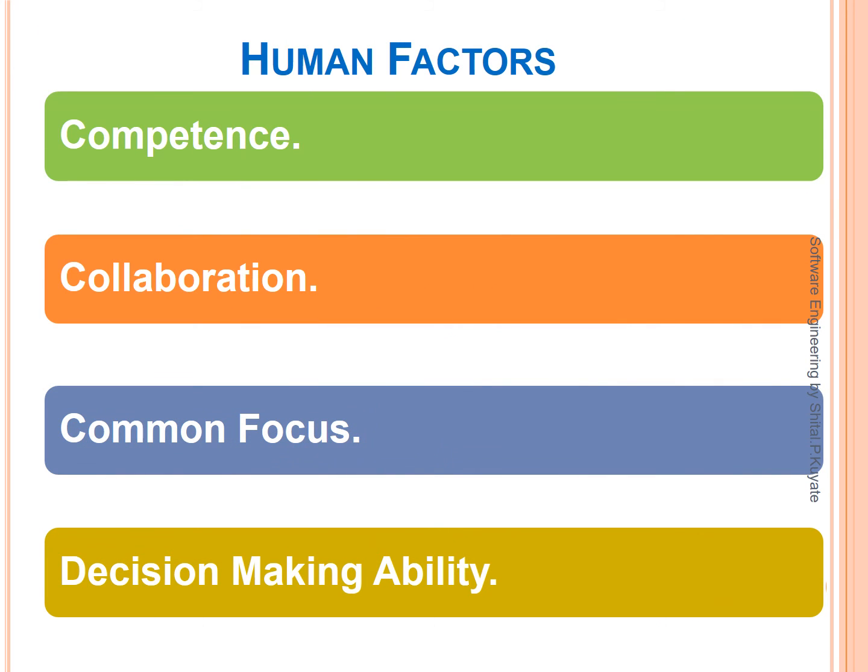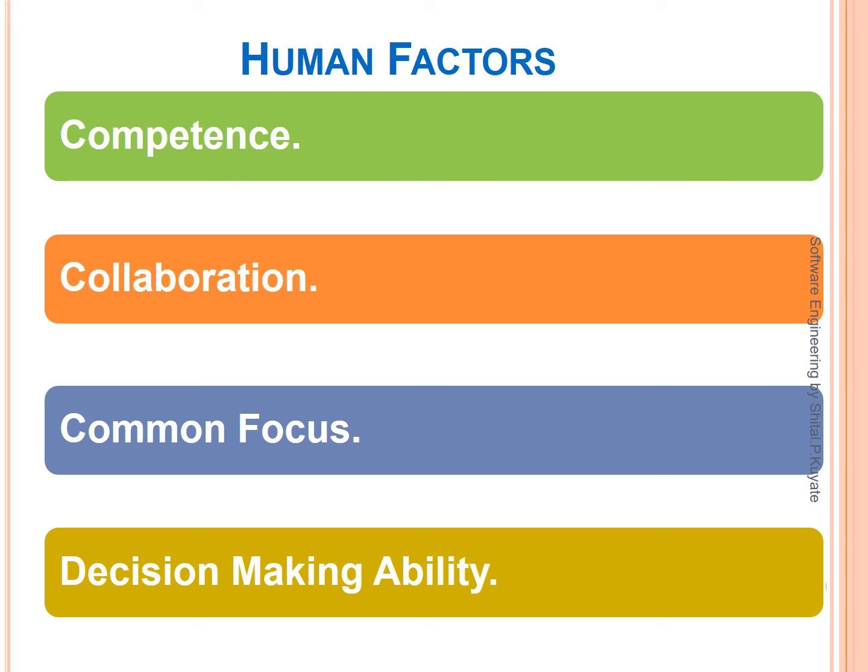Now, what are the different human factors that affect agile process? The scientists Cockburn and Highsmith said that agile development focuses on the talents and skills of individuals, modeling the process to specific people and teams. The process is modeled to the needs of people and teams.